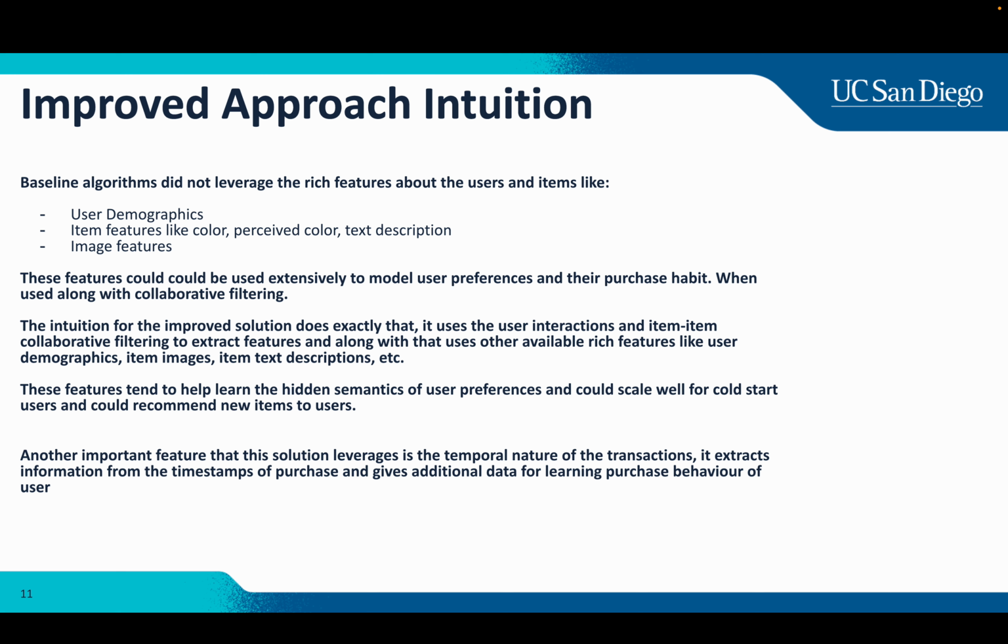These features tend to help learn the hidden semantics of user preferences and could scale well for cold start users also, since we are using user features and item features to understand the user preferences.